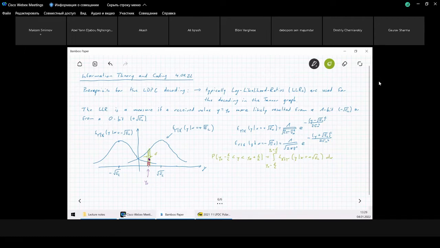So this will give me the probability to observe a value within this green interval if a value of plus square root EC was transmitted.